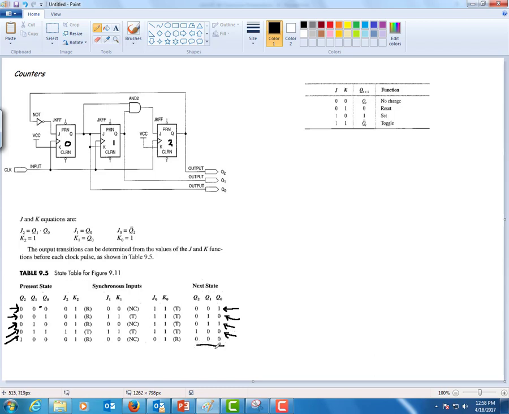And what did we start with? We started with 0, 0, 0. So it's just going to repeat. So this counter will count up. And it will start at 0. It will go to 1, 2, 3, 4, and then back to 0 again. All right? So this is an up counter.